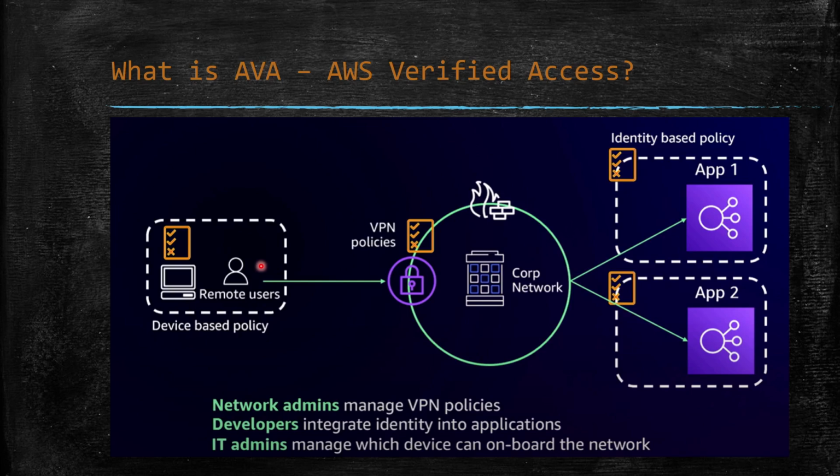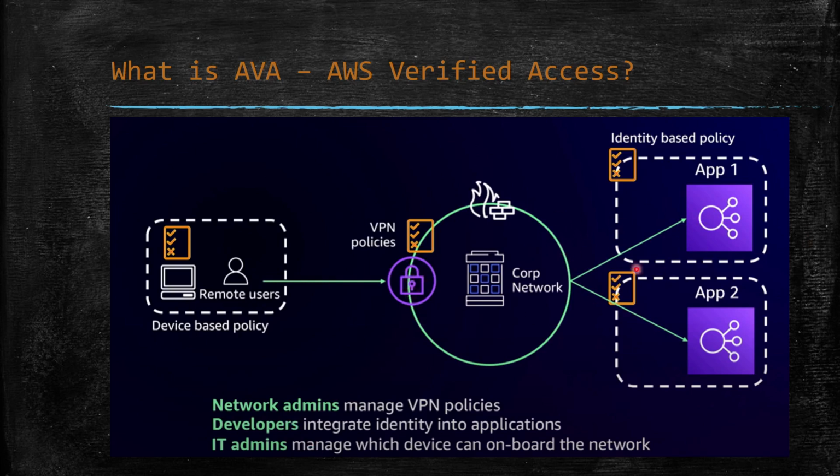Those sorts of policies can be defined, and if the user has Bitdefender or antivirus installed on the laptop, only those users can connect to my application, right? Those sorts of policies can be defined by the IT admin in Verified Access.